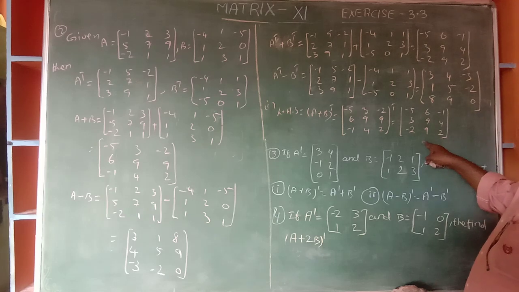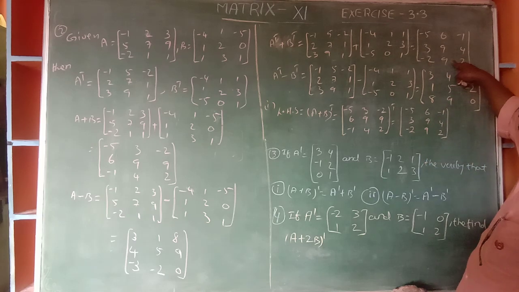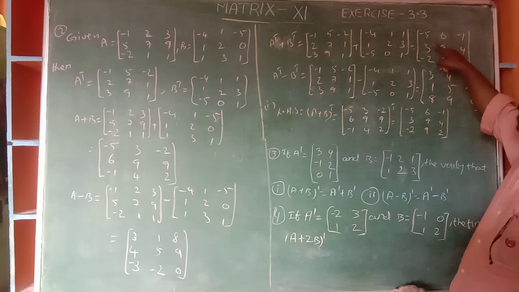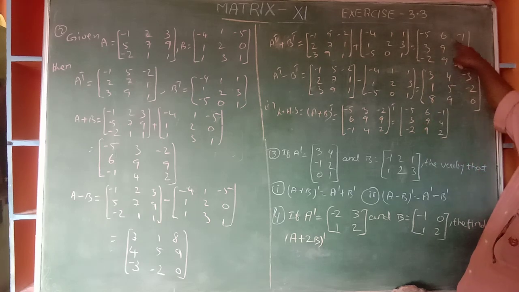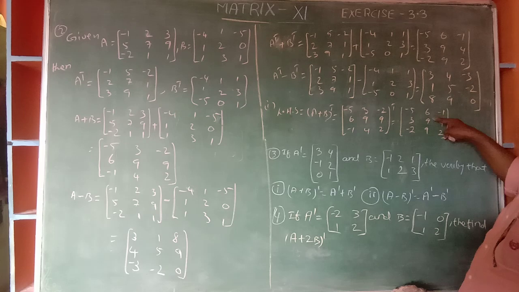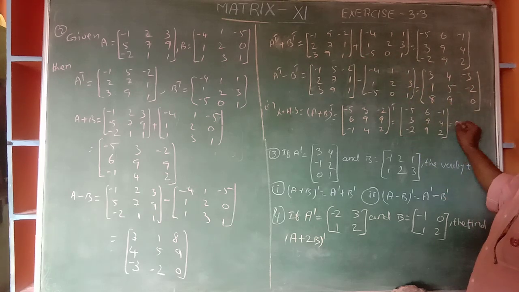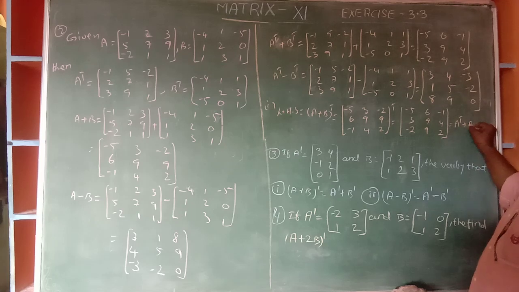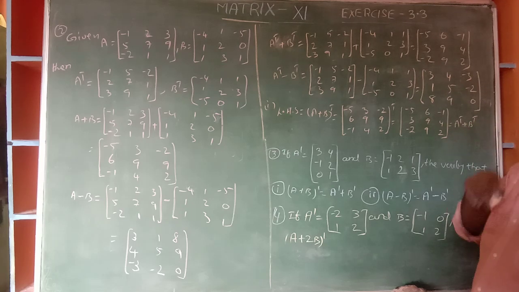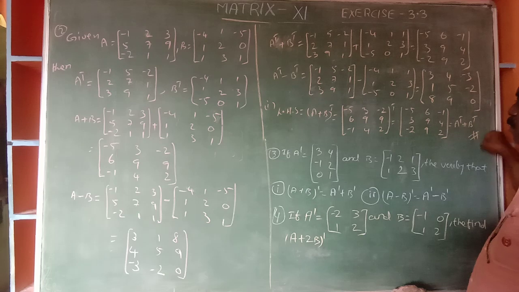And is it equal to this one? You see, minus 5, 3, minus 2 is there. 6, 9, 9. Minus 1, 4, 2. Okay now, what is this? This is nothing but A transpose plus B transpose. Like that we have to prove. This is nothing but RHS.